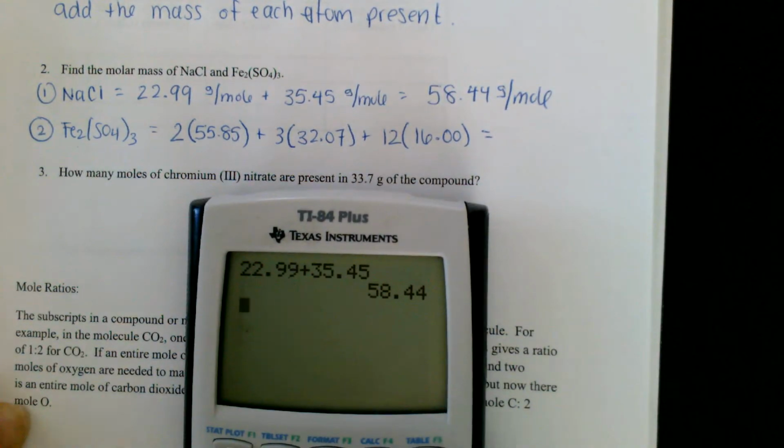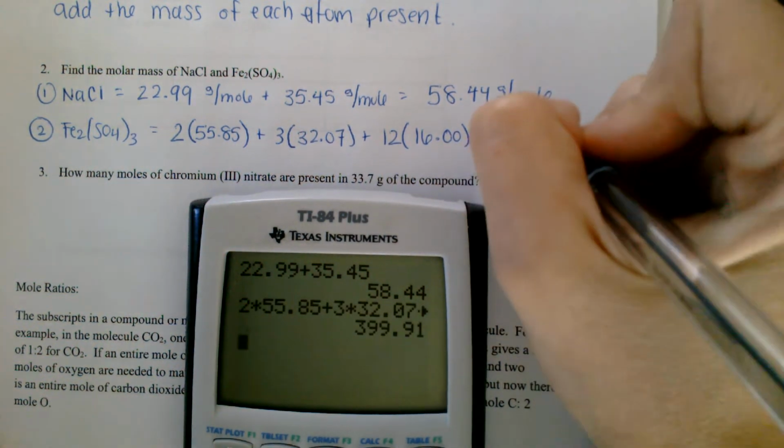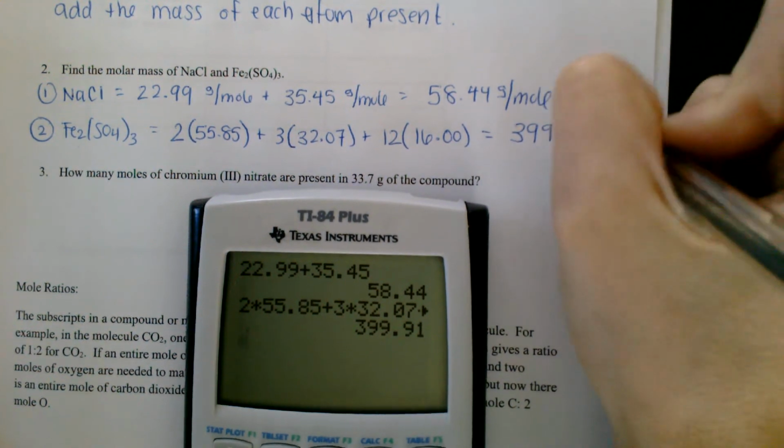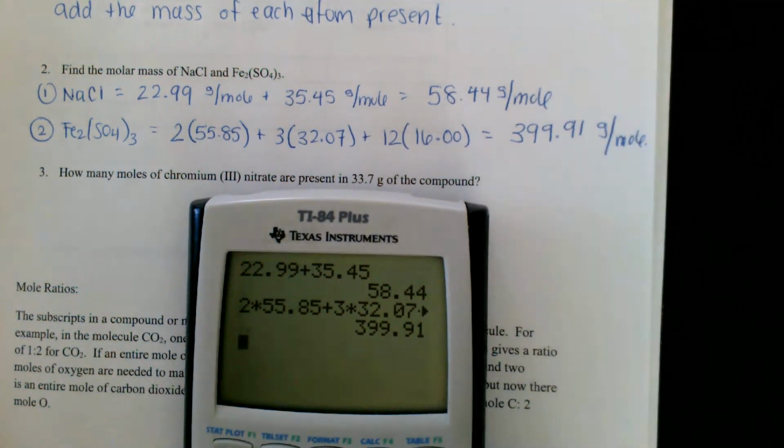Okay, so let's add this up. We have 2 times 55.85 plus 3 times 32.07 plus 12 times 16. This gives us 399.91 grams per mole.